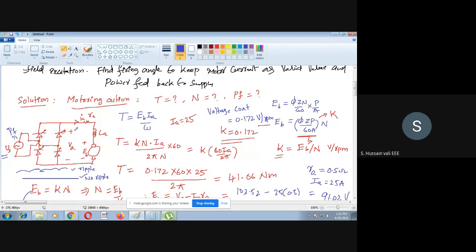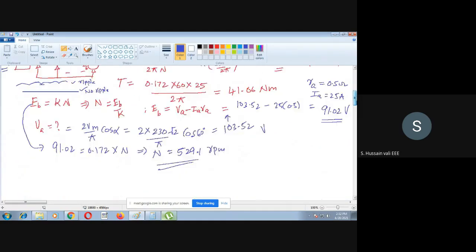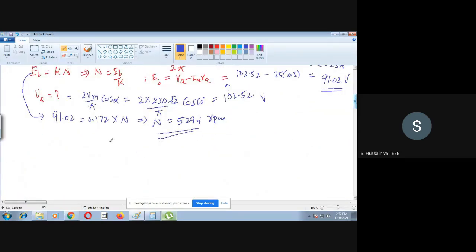Then you cannot use cos theta directly; rather, you have to follow some other procedure. What I told you last class is that power factor is equal to real power divided by apparent power.